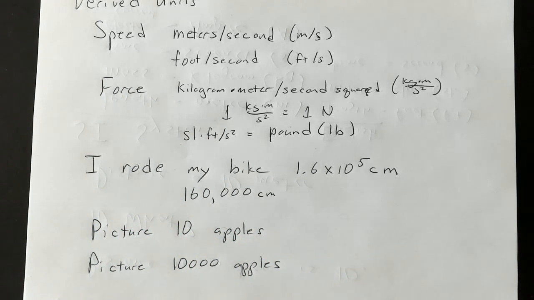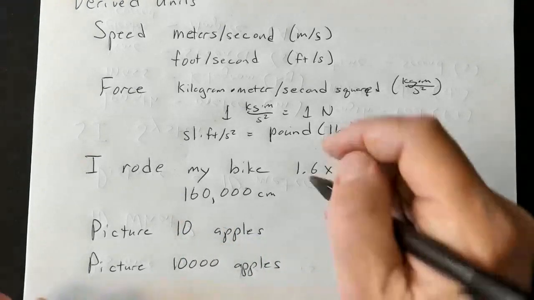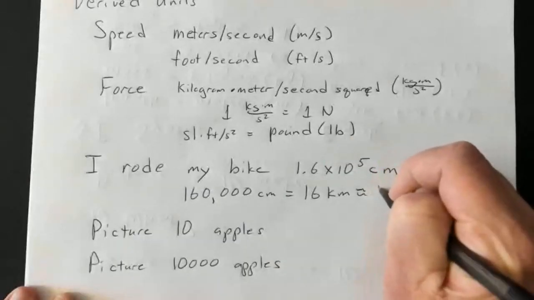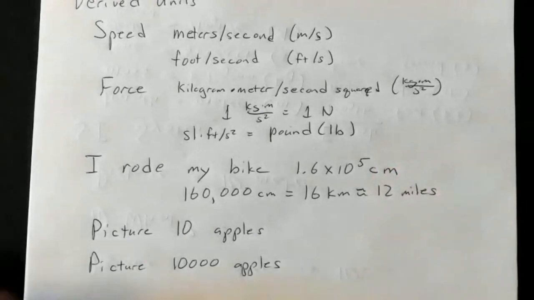You can manipulate 10,000 mathematically, but we prefer numbers close to small numbers, numbers we can concretely picture. In case you're wondering, this is 16 kilometers, which is about 12 miles. I live over in Hornell, and sometimes I ride my bike to and from here, and it's a 12-mile ride. That's a much more concrete number.